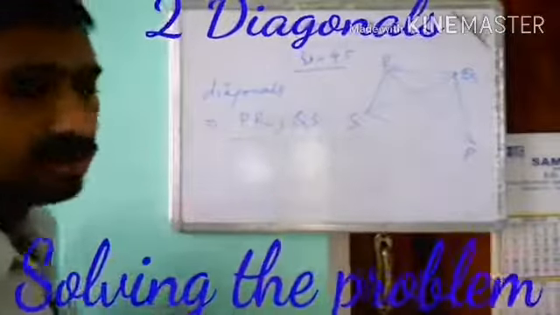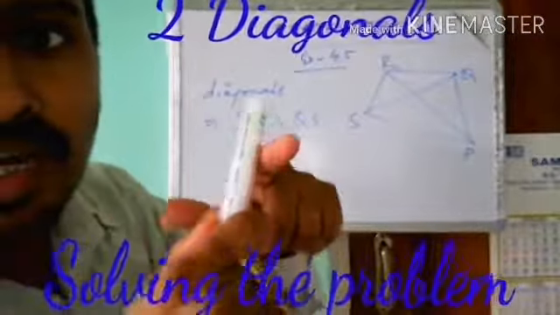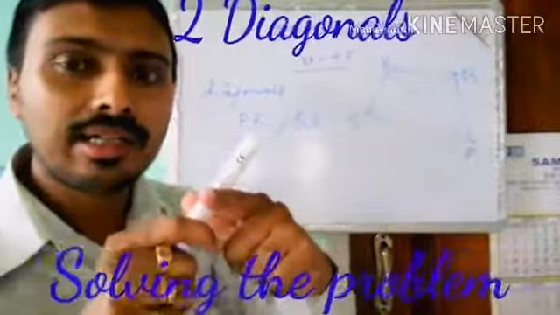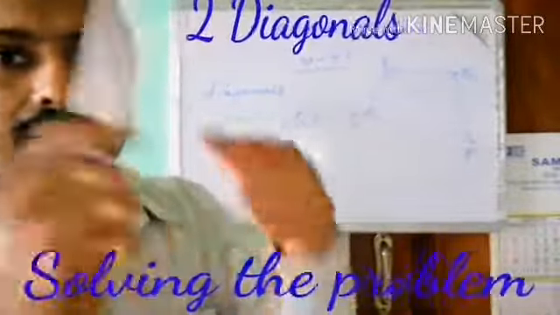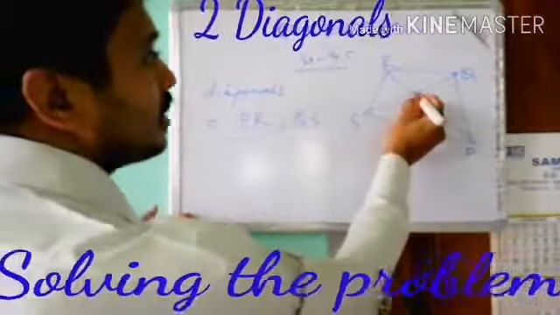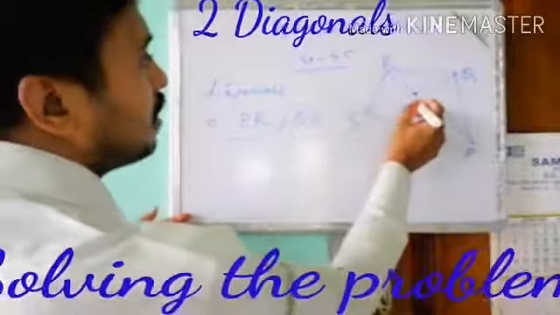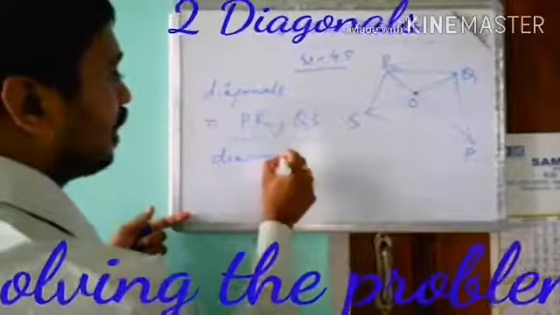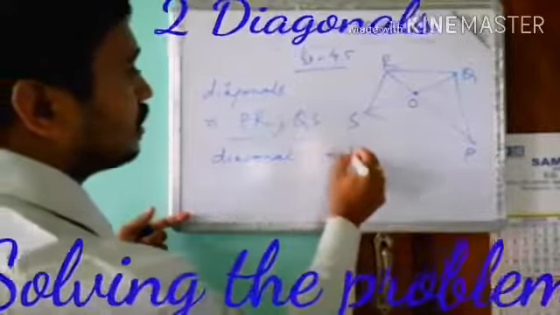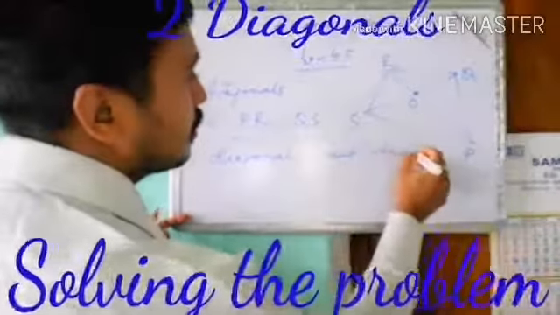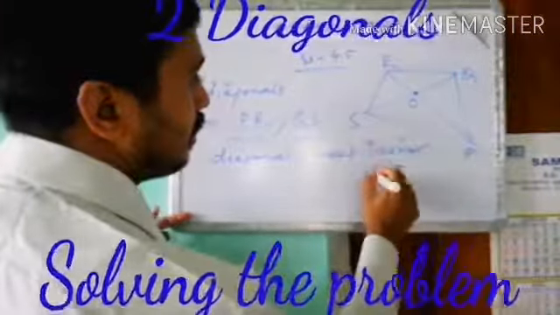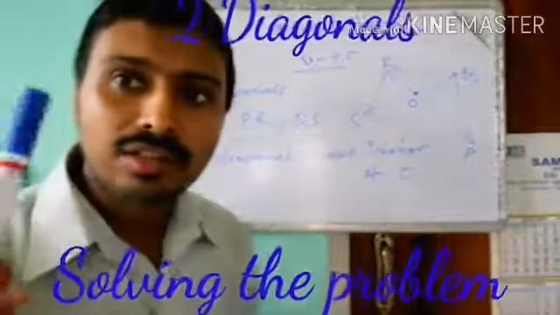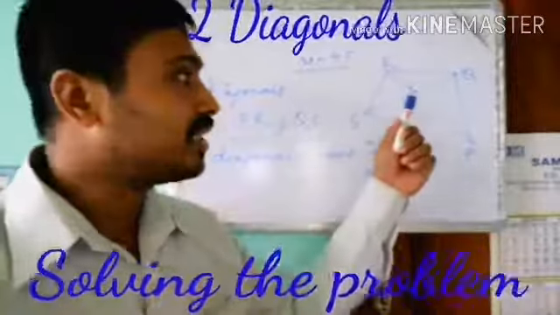The question is, the diagonals are meeting at a point. Is this point inside or exterior? So it is, yes, inside. Let me name it O. So the diagonals meet in the interior at O. The diagonals always meet in the interior of the quadrilateral.